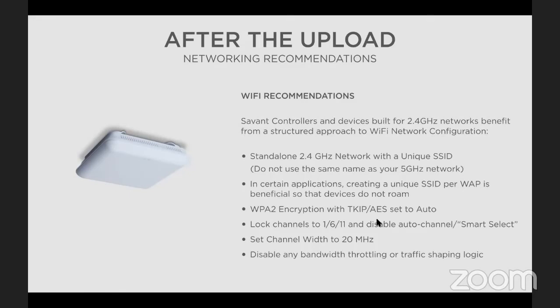So your better bet is to use the 2.4 gig network with the further distance capabilities and have it isolated, whether you're creating its own SSID or through the house, you just say no 5 gig. And use WPA2 encryption.